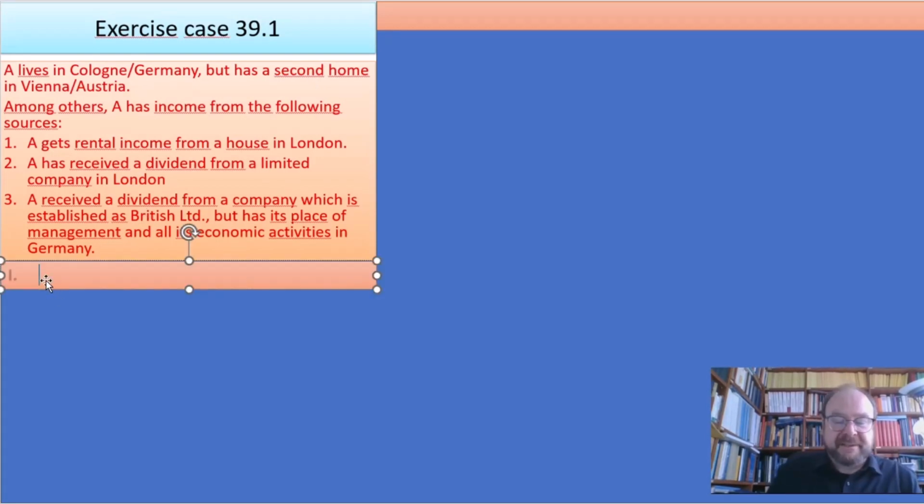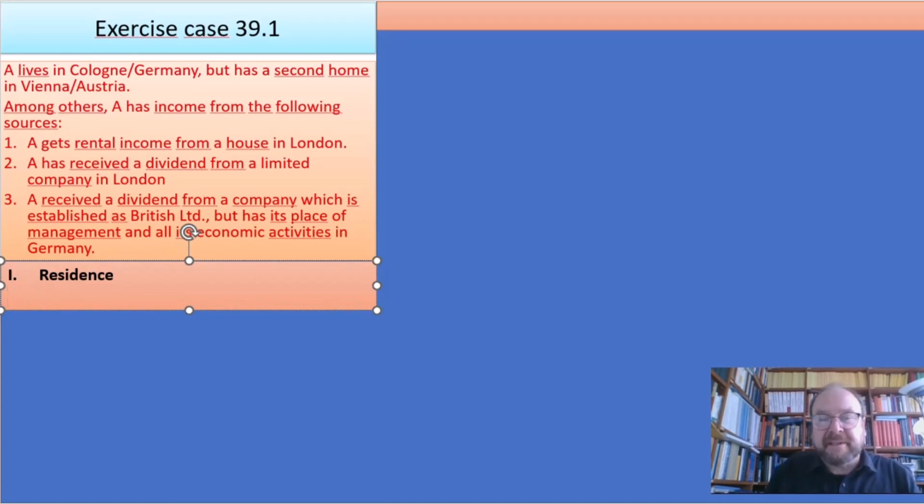So we have a case that A lives in Cologne. That should normally indicate a place of residence in Germany under Article 4.1. He is resident in Germany. See Article 4.1 of the OECD Model Convention. And there is a second home in Vienna.